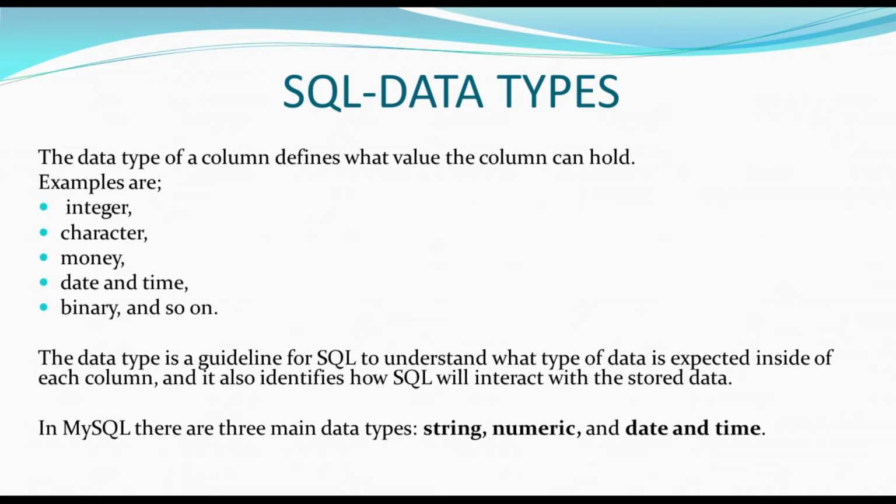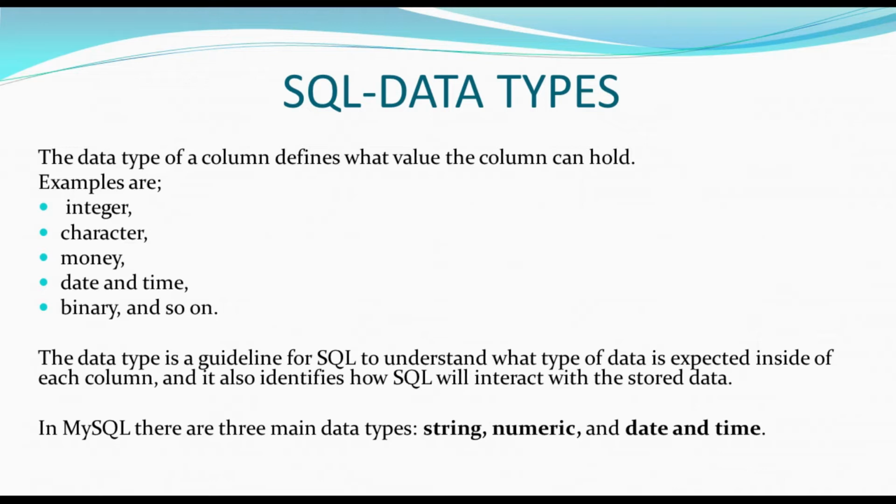The data type is a guideline for SQL to understand what type of data is expected inside each column. As I said, if a field in a column requires an email, you can't type your phone number there. So basically, data types help SQL to know the particular data or value that is expected of a user whilst filling the form. And the data types are grouped into strings, numeric, date and time, boolean, and so on.